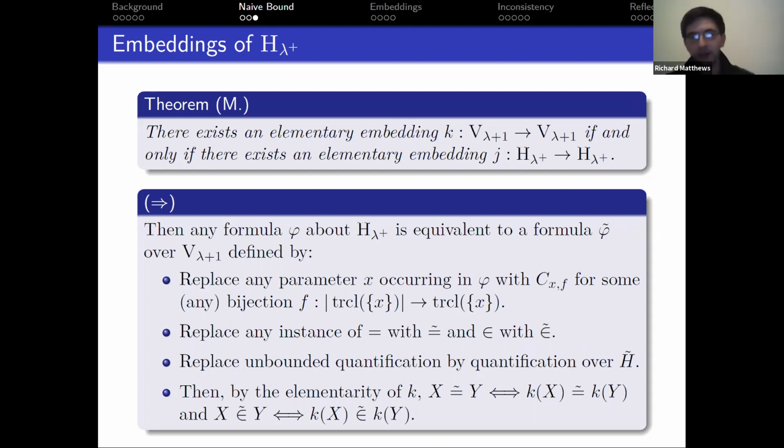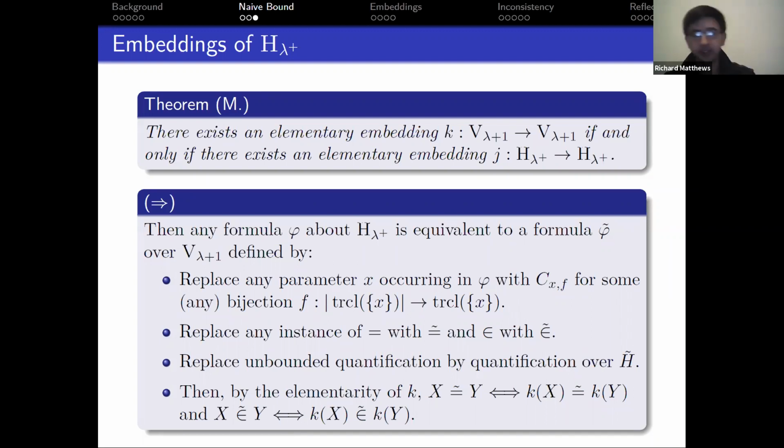So now we're going to interpret this. If I give you a formula φ about H_λ⁺, I can rewrite this as a formula φ̃ over B_{λ+1}. I'm going to replace the parameter x with C_x^f, and any bijection will do, because if I have C_x^f and C_x^f', they're equal-tilde.